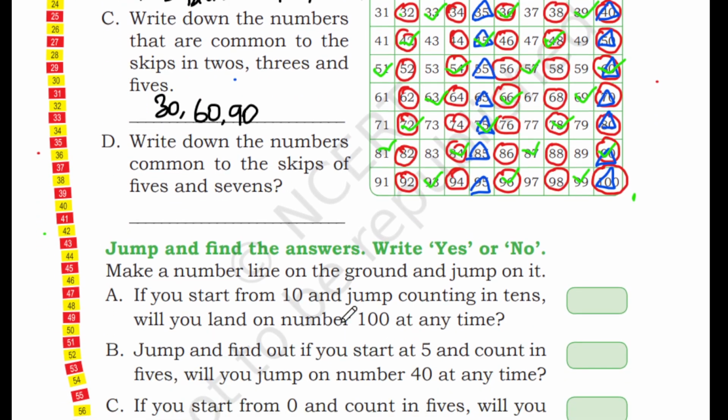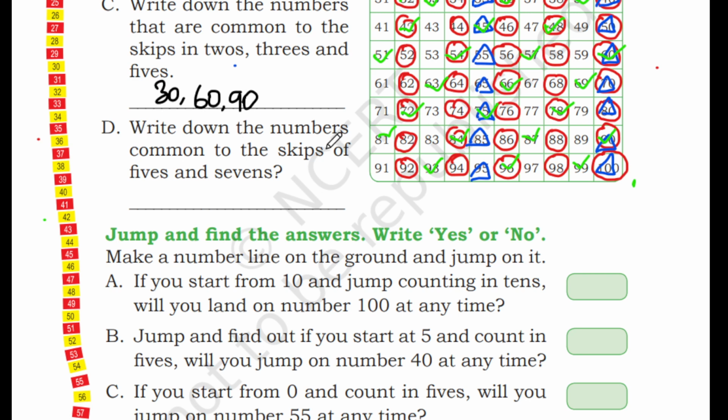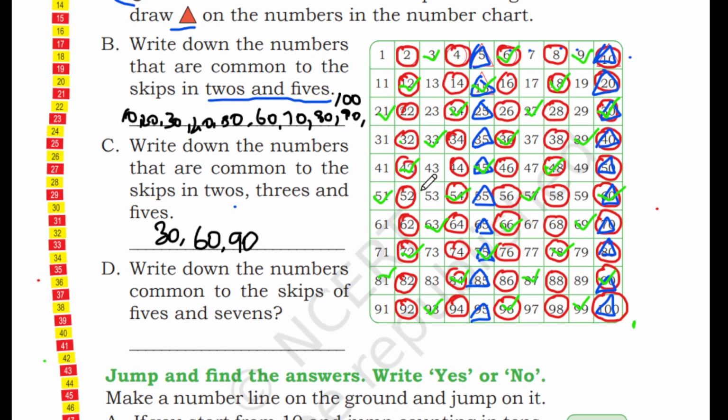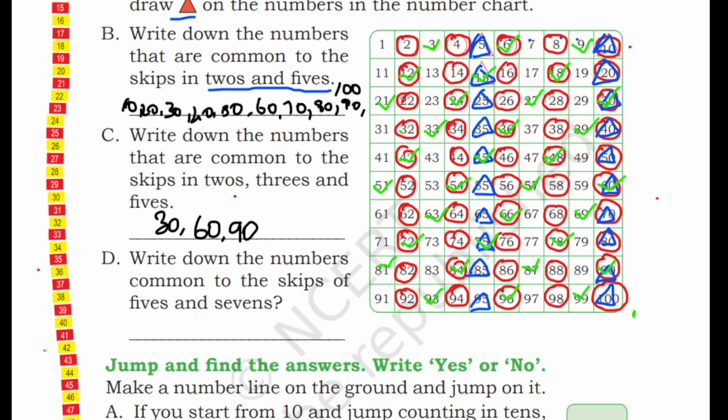Okay. So the next one. Write down the numbers common to skips of 5s and 7s. Okay. So now we have already written for 5s. So now we will write for number 7. So now we have to find out the common to the skip of number 7.